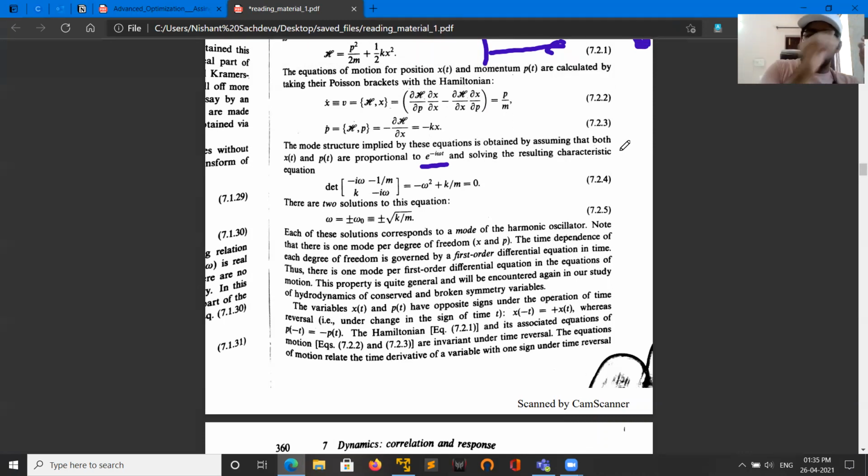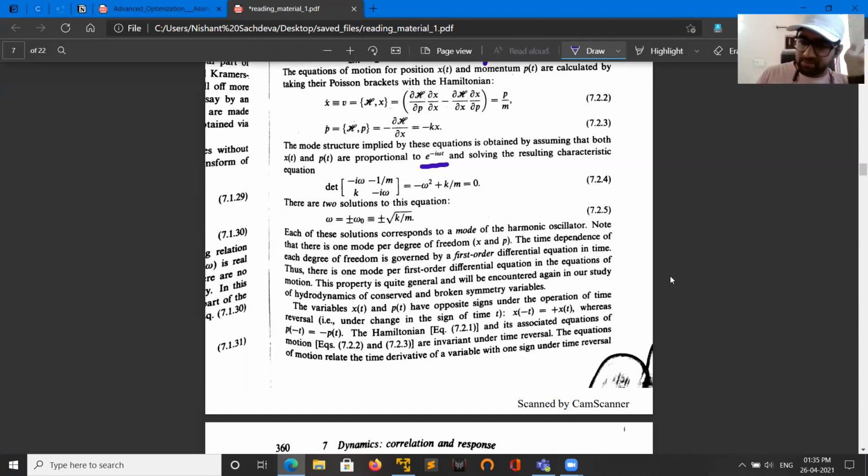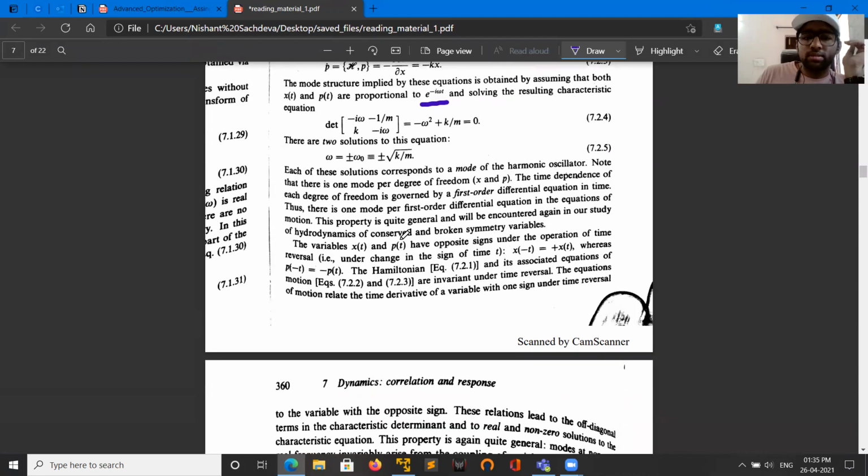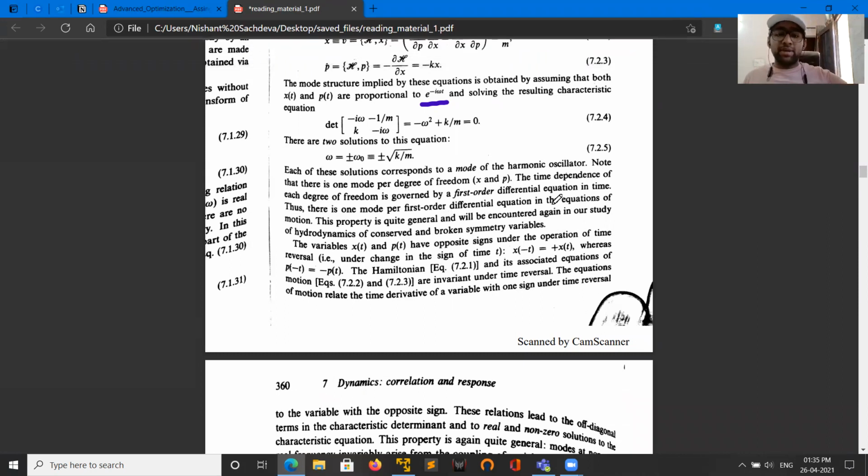So now we have one mode per first order differential equation in time. This property is quite general and will be encountered again in a study of hydrodynamics of conserved and broken symmetry variables. I don't think we do it in this case, but okay.